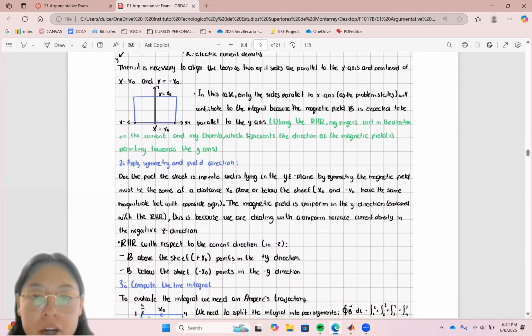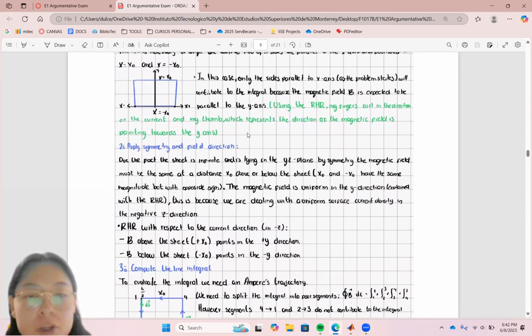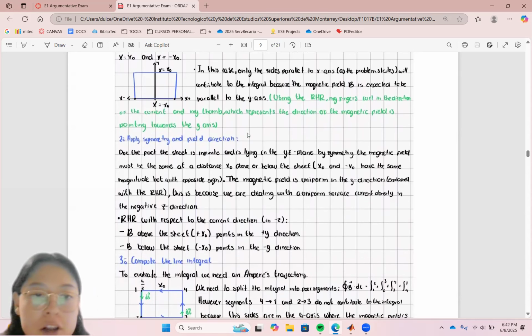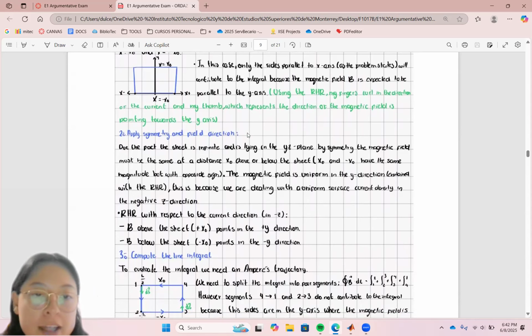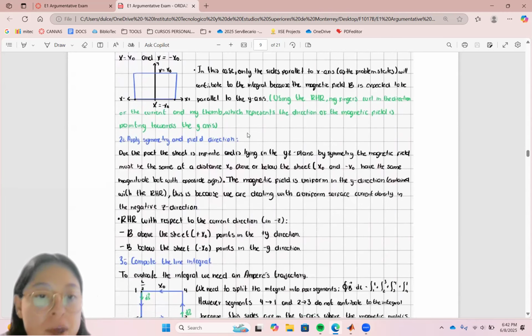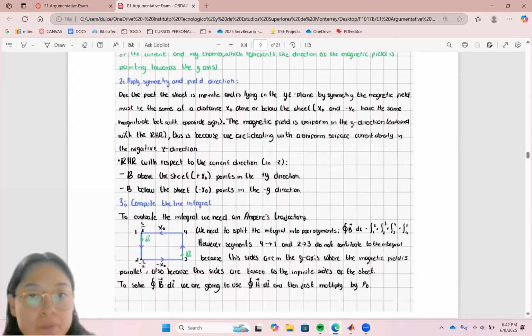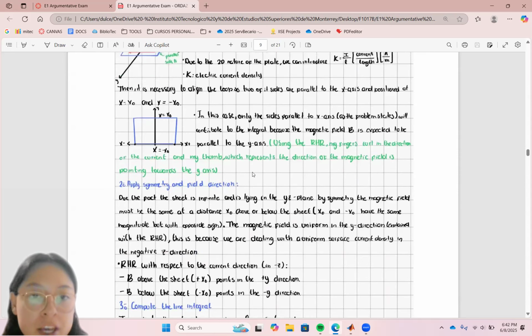And using my right hand rule, my fingers go in the direction of the current and my thumb, which represents the direction of the magnetic field, is pointing towards the y-axis. What I did here is simply display my problem, and then applying the symmetry of field direction, I have that the magnetic field is uniform in the y direction, explained with the right hand rule, which I explain here.